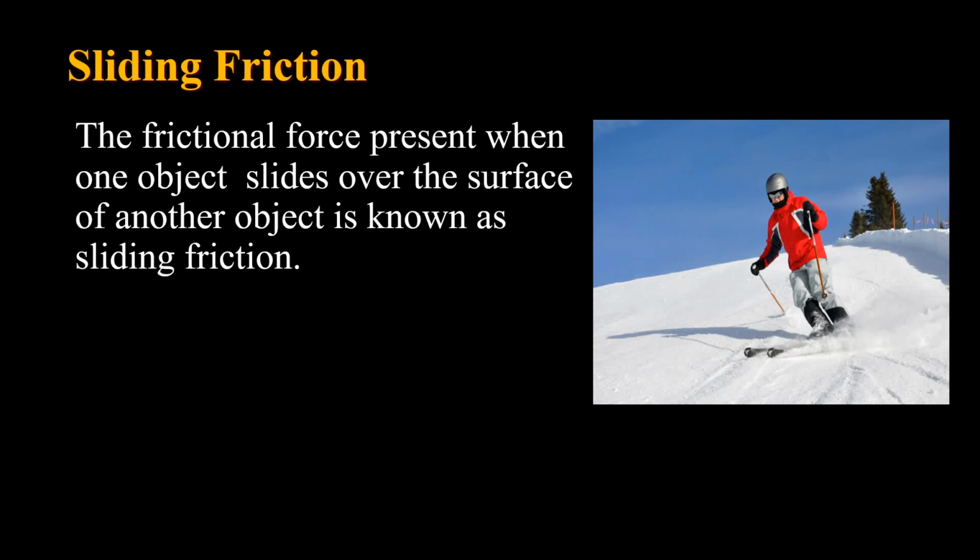This is because the irregularities on the surface of an already moving object do not get sufficient time to entangle with the irregularities of the other surface over which it is sliding. Therefore, sliding friction is less than static friction. For example, sliding a mat or a box over the ground is easier than moving it directly.